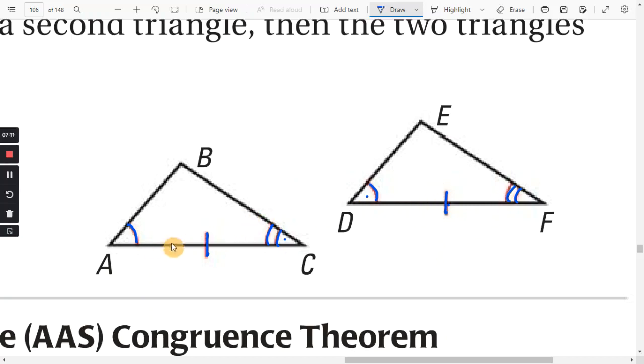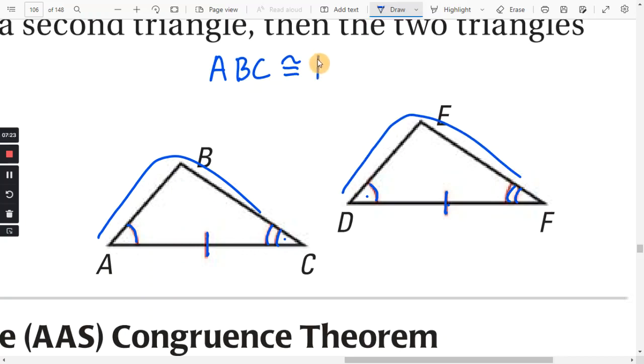All right, and if you name these, you can say ABC, and that's going to be congruent to DEF. All right, and like we said before, you can change that up and do it a different way if you want.